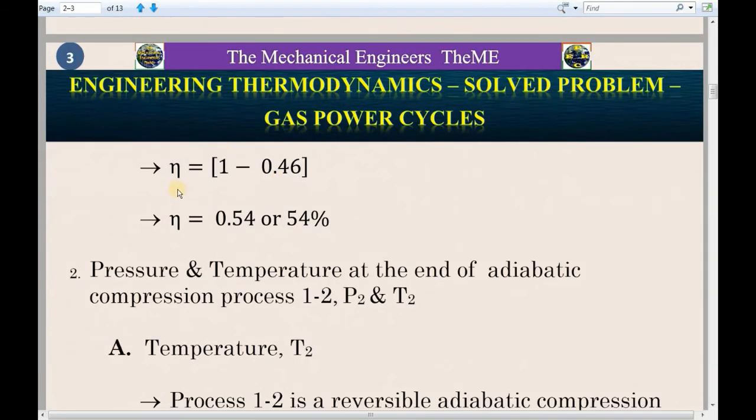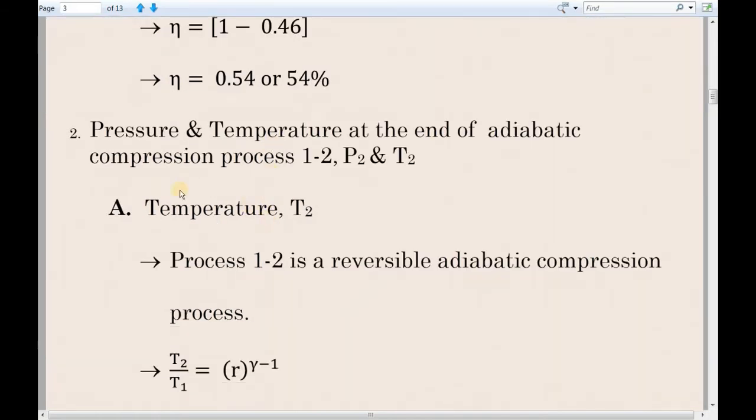So eta is equal to 1 minus 0.46, which is 0.54. So eta is equal to 0.54 or 54%, which means efficiency of Otto cycle is 54%.